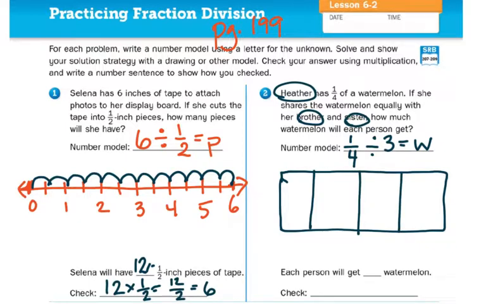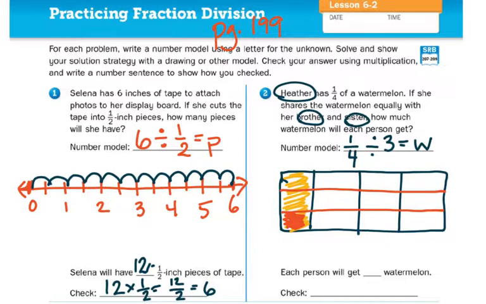Remember, she only has 1/4 of that watermelon, so go ahead and shade in 1/4. But then she's going to divide it among 3 people. So then I have to divide that watermelon in thirds as well. And she divides, and she shades in 1/3 of that, right? Or a third of that.